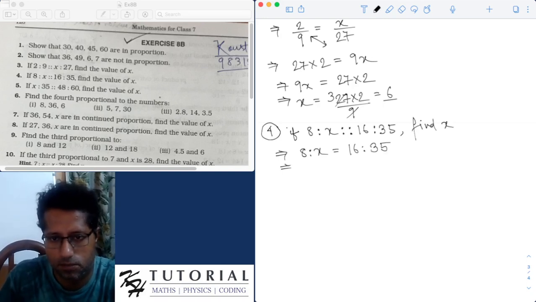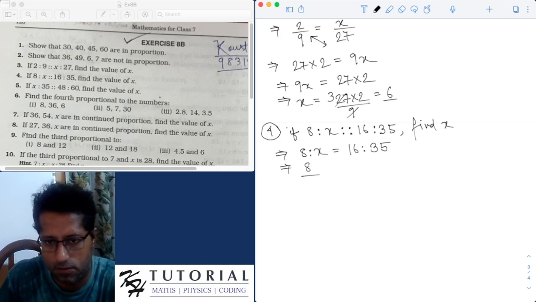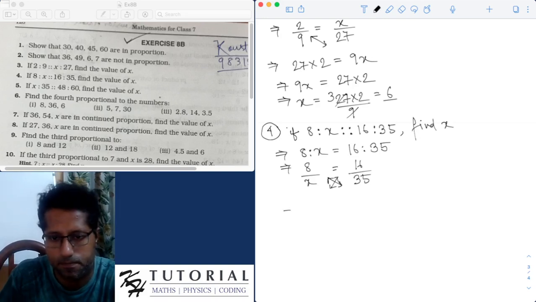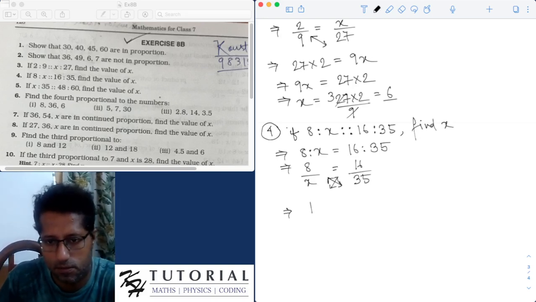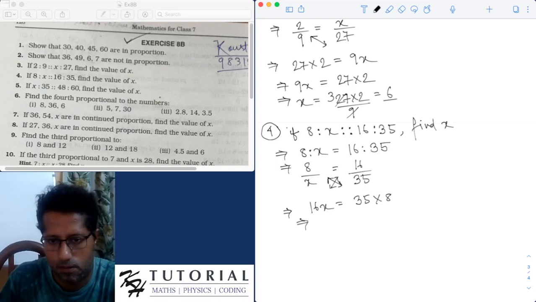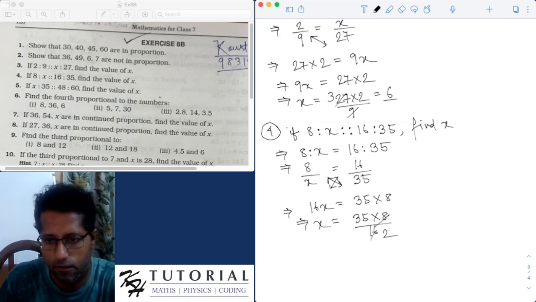This implies 8 by x equals 16 by 35. Doing cross product, we get 16x equals 35 into 8. This implies x equals 35 multiplied by 8 by 16. This is 35 by 2.